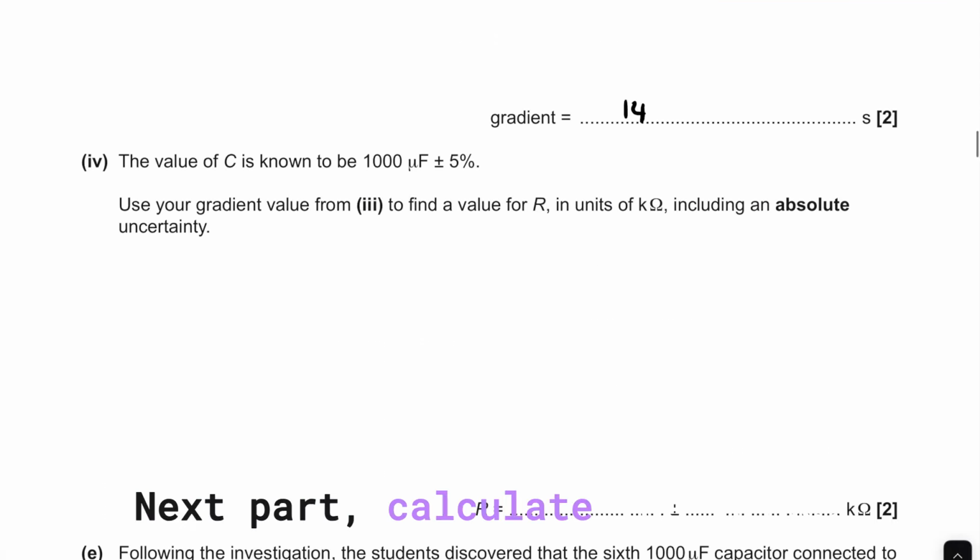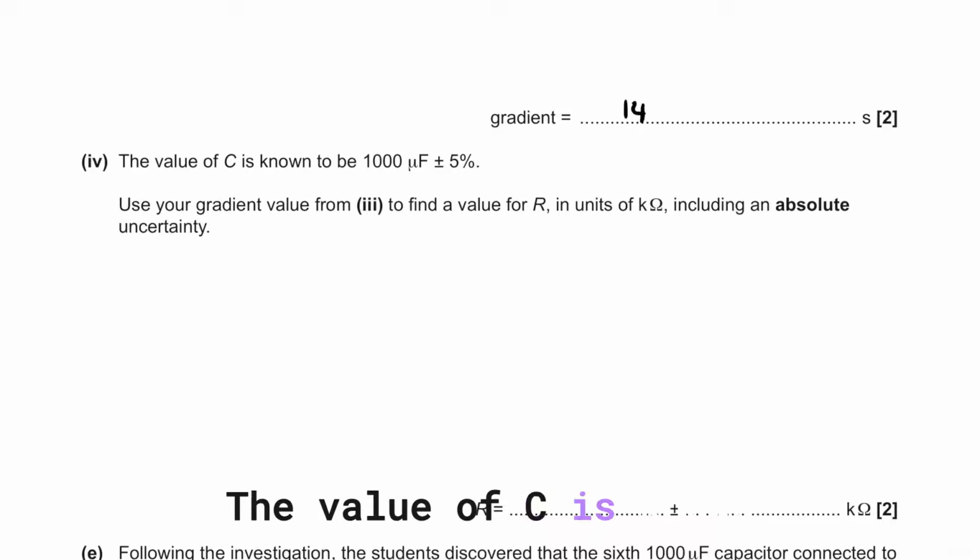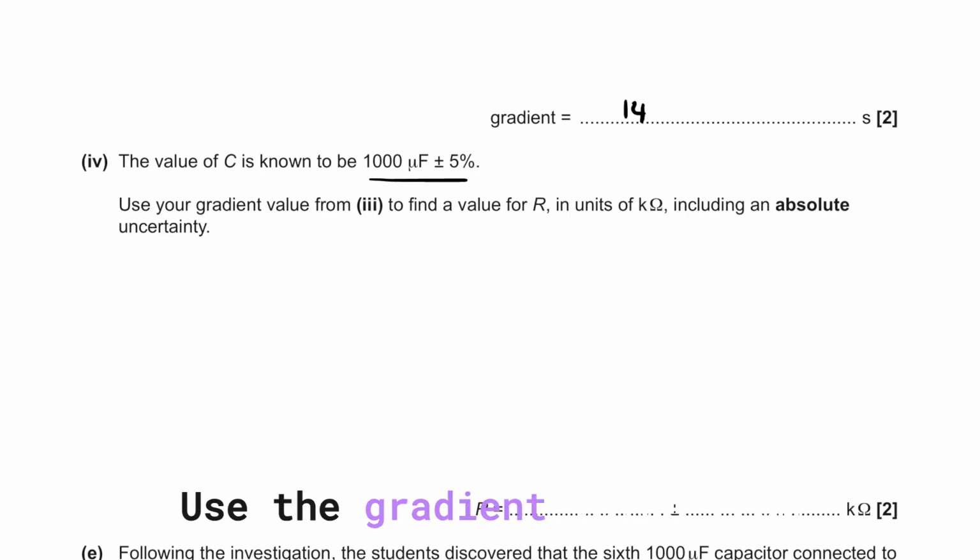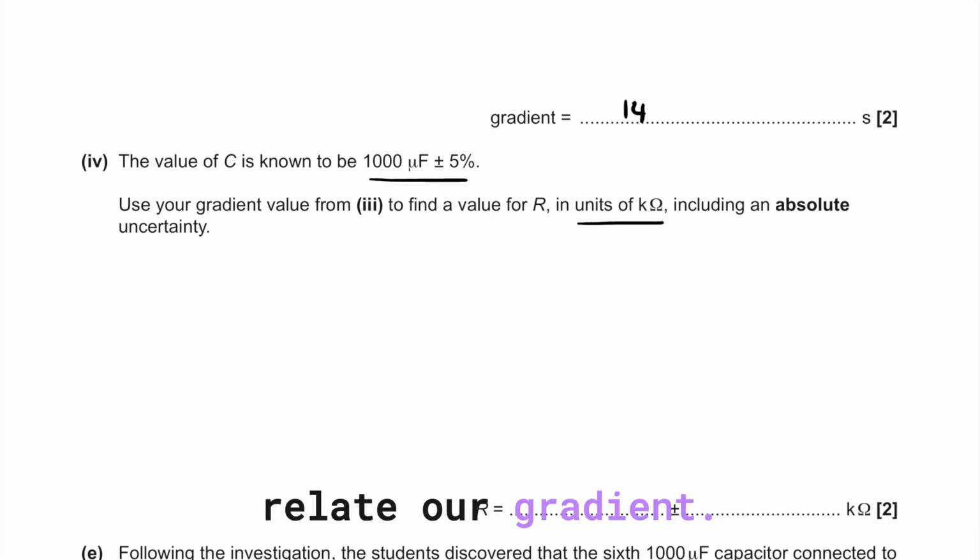Next part, calculate the value. The value of C is known to be 1000 microfarads plus or minus 5%. Use the gradient value from part D to find a value of R in units of kilo ohms, including an absolute uncertainty. Okay, so we need to relate our gradient to the formula.